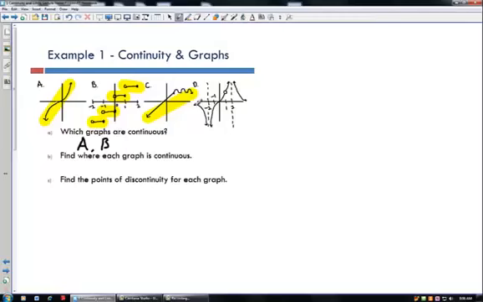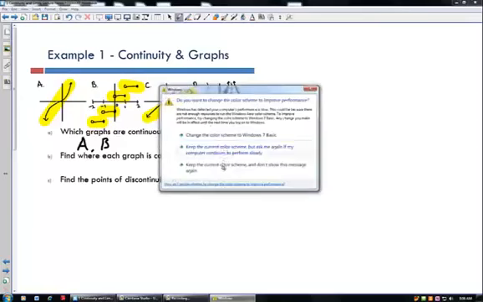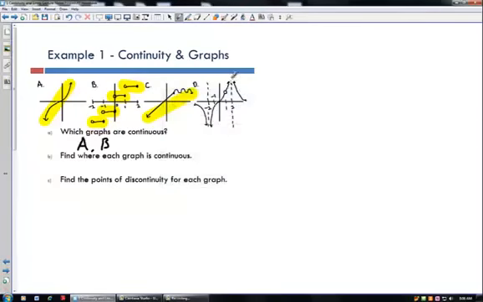One reason, when you try to trace the graph all the way down here, you have to jump over the vertical asymptote to get to the other side. Then you go up, and plus there's a hole right here, so you have to jump over the hole to get to the next side. And then keep going up, then another asymptote, and jump to go down. So D is a discontinuous graph of a function.